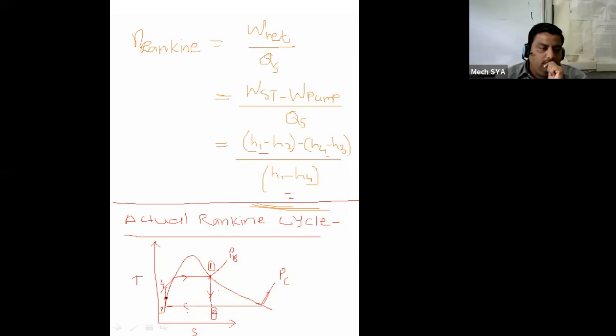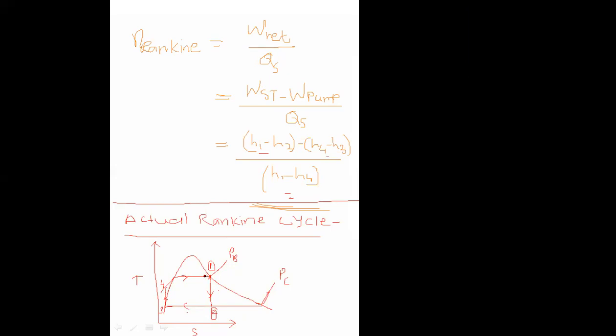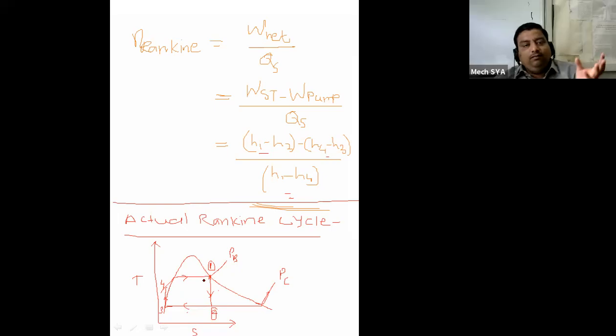Now here we know that 1 to 2 and 3 to 4 are the isentropic processes. And one of the limitations of the Carnot cycle is that here the processes are isentropic, but due to friction present in the turbine and in the compressor, this isentropic process in the actual case does not remain isentropic.